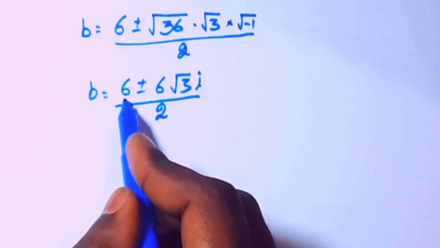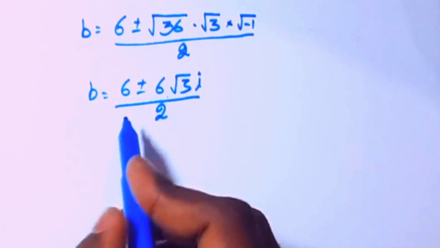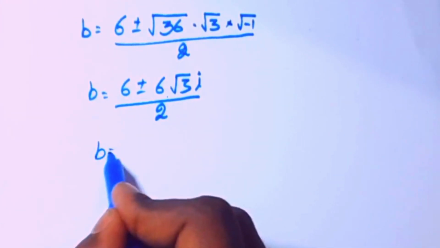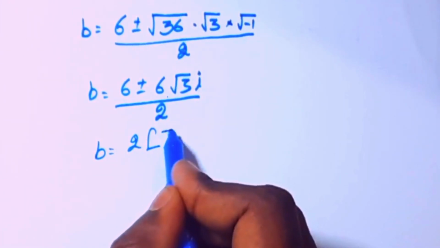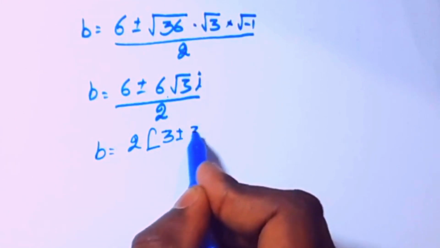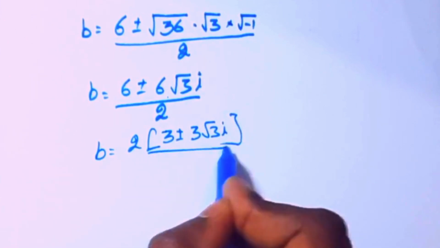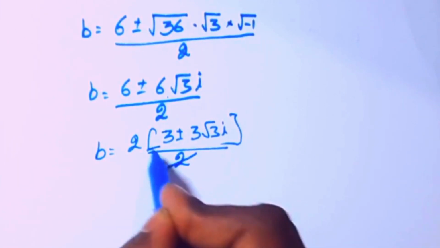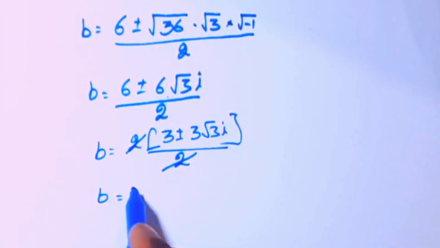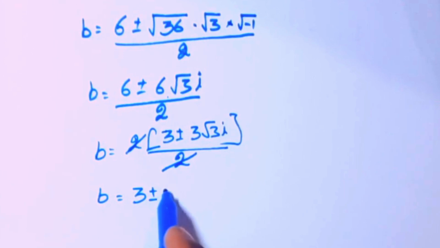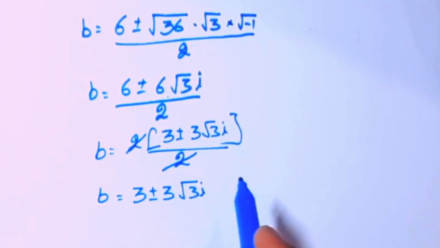Now we are going to take common here. This is 6 common, we are going to take 2 common. b equal to 2 times open bracket 3 plus or minus 3 square root of 3i close the bracket, by 2. This 2 cancels this. So we have b equal to 3 plus or minus 3 square root of 3i.